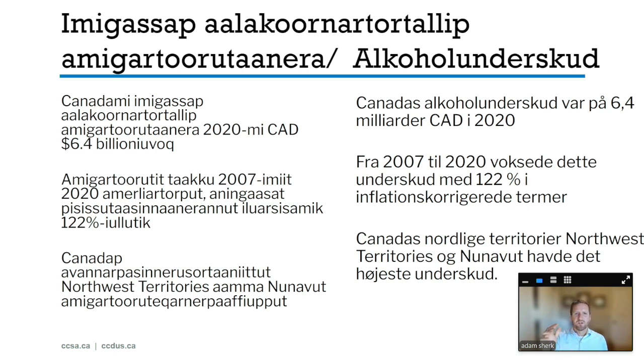It more than doubled, an increase of 122%. Those are in real terms, or inflation-adjusted terms, so I've accounted for inflation in the calculations. And so the deficit has grown quite substantially over the 14 years of the study.